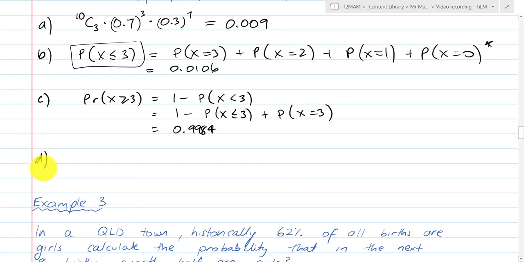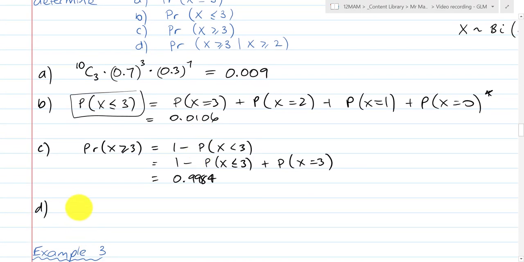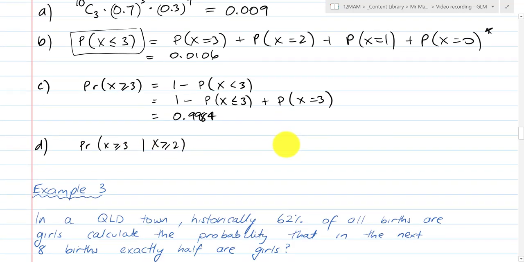Lastly, question D is calculating the probability that x is greater than or equal to 3 given that x is greater than or equal to 2. So this is saying that we already know x is not equal to 0 or 1. We want the probability that x is greater than or equal to 3 given this.